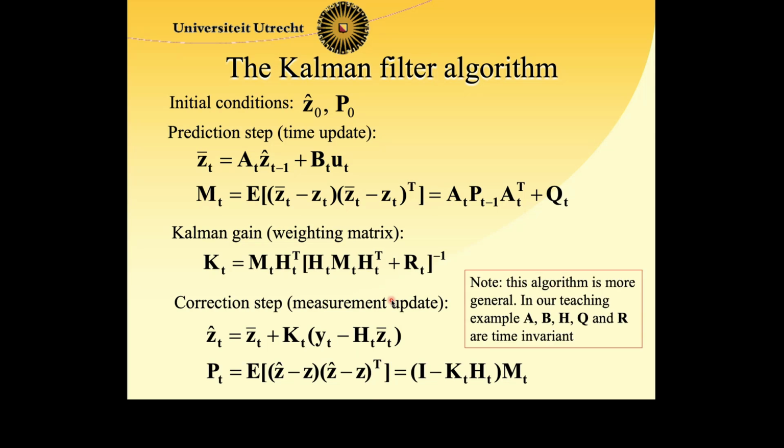Now note, this algorithm is a little bit more general than what we are going to use in our example, because what you can see here is that the system matrices A and B, as well as the covariances of the model error and the measurement error, can also change in time, as well as the so-called model matrix H, which links the time updates to the observations.